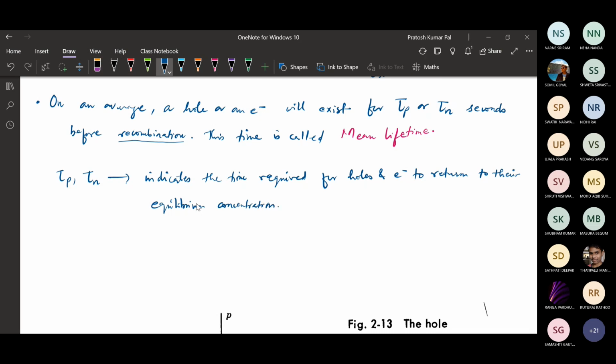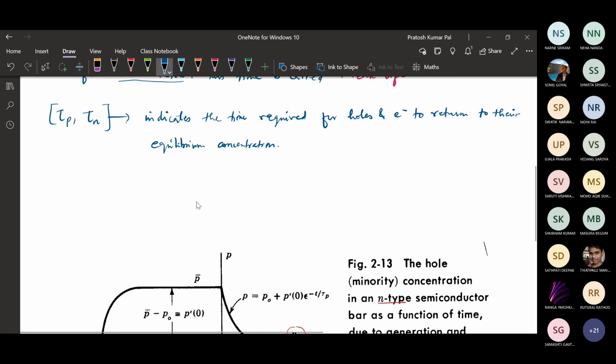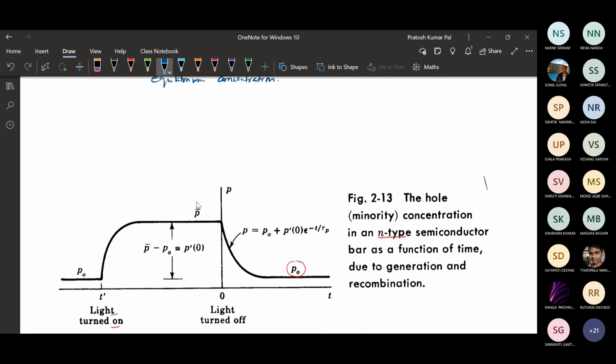That means tau p and tau n indicate the time required for electrons and holes to return to equilibrium. Initially p naught was the concentration of holes, and after generation and then recombination it has again reached p naught. So the time from t dash until it reaches p naught again will be considered the average lifetime, tau. For holes it is tau p, and for electrons it is tau n.